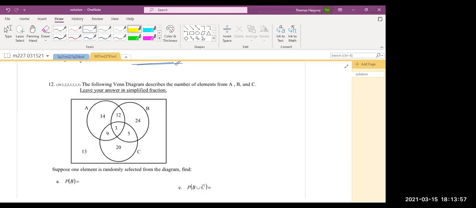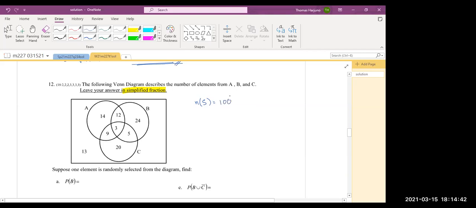And here it says, leave your answer in simplified fraction. What do you think we need to do first here? Add the total population. Find the total number of elements, that's right. So what is the number of elements in here? I get 100.